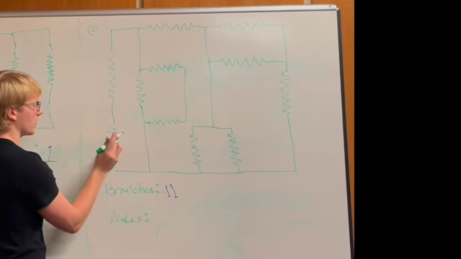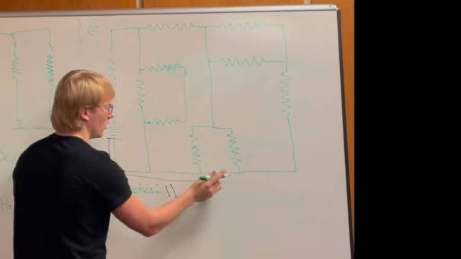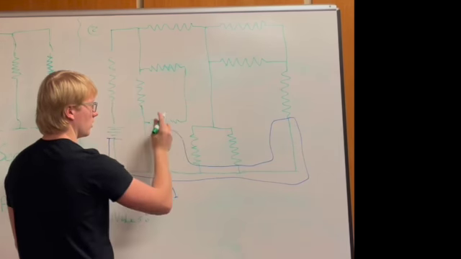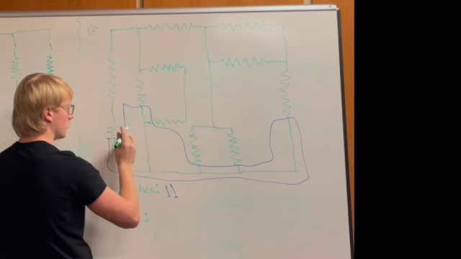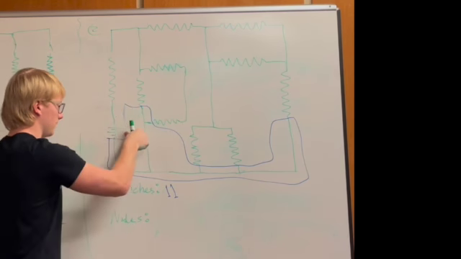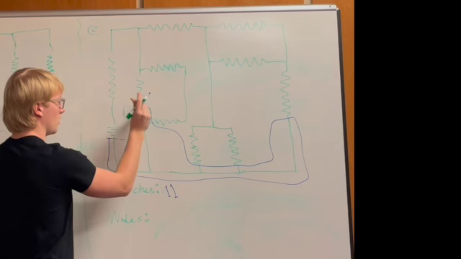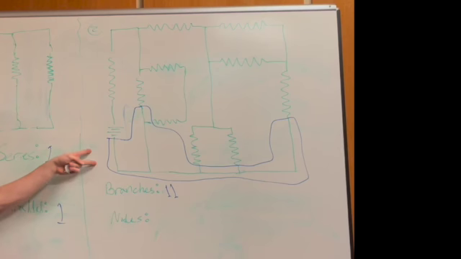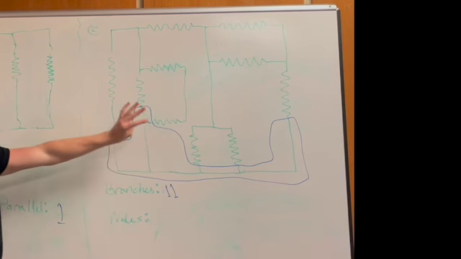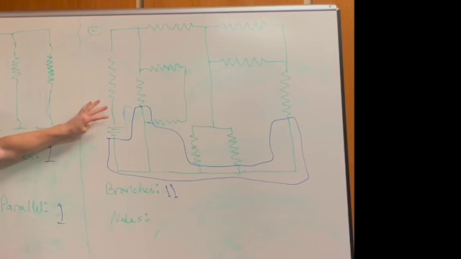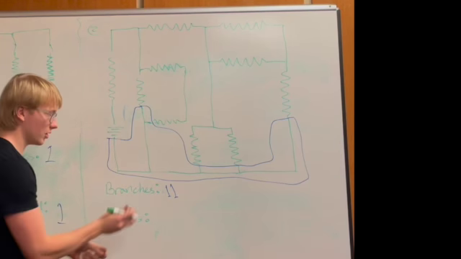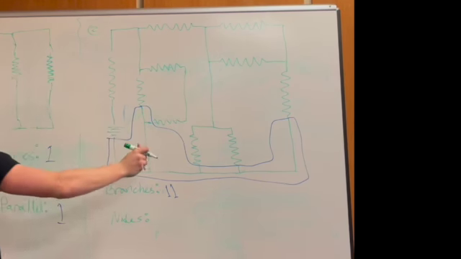So for example, this big section right here, sorry, it's gonna be hard to understand if I don't pay attention. That's one node, that big section. See how there's no branches in it? It's all wire, and it's not shared through a branch.